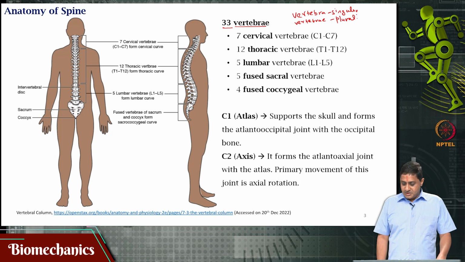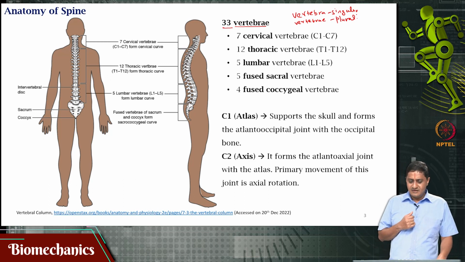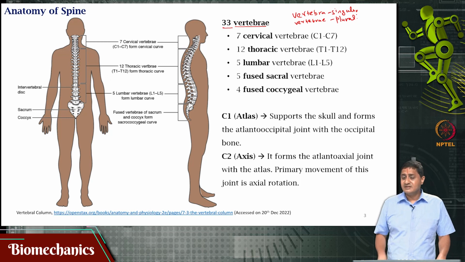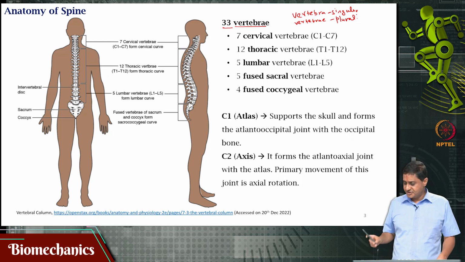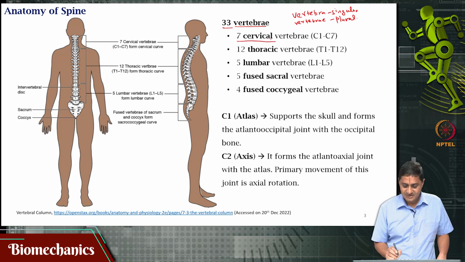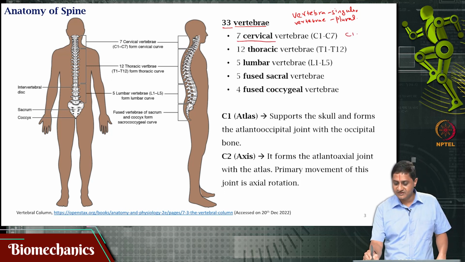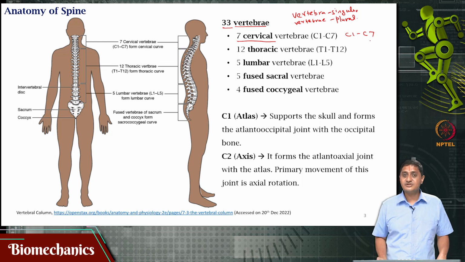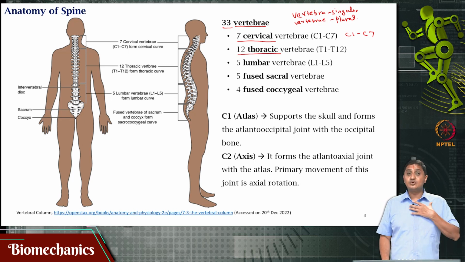So, in these vertebra, how many are there? We said there are 33 vertebra, of which 7 are located at the level of the neck. These are called C1 to C7. C refers to cervical vertebra. There are 7 of them, and there are 12 vertebra at the level of the thorax.